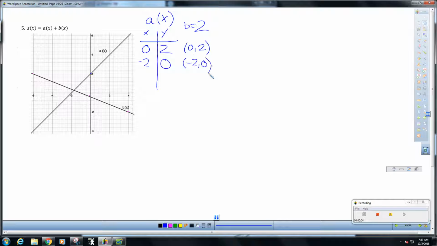Let's do change in y, 2 minus 0, over change in x, negative 2 minus 0. Nope, I can't change the order like that. I need to wake up. 2 minus 0 over 0 minus negative 2. You get 2 over 2, and that's 1.